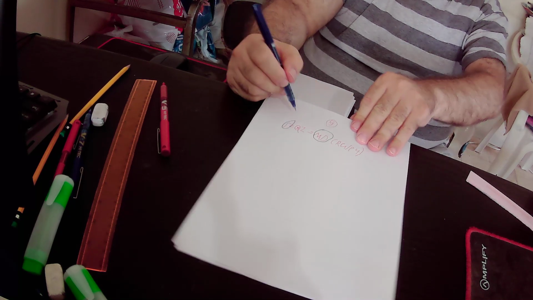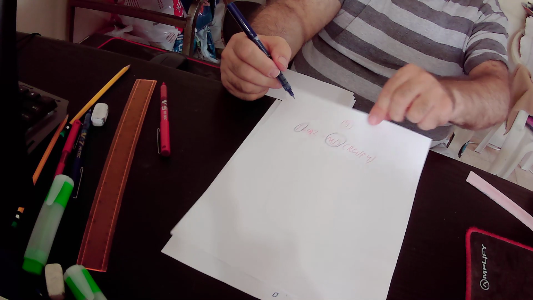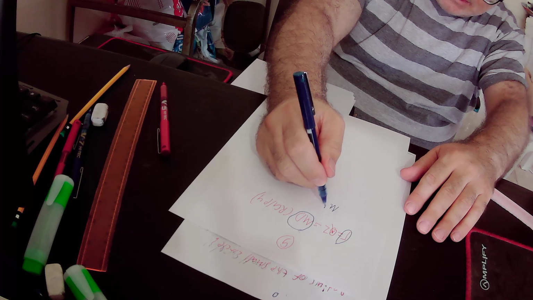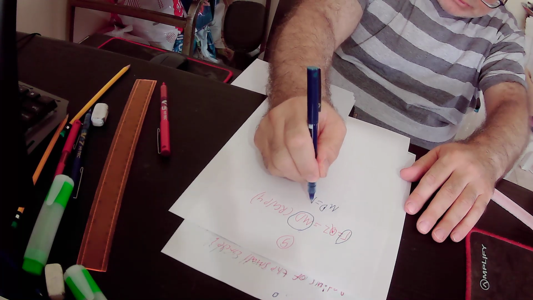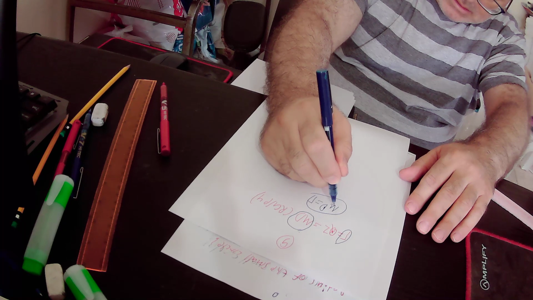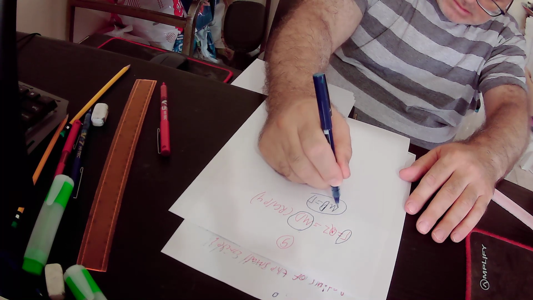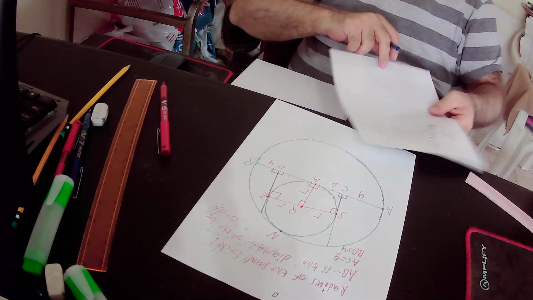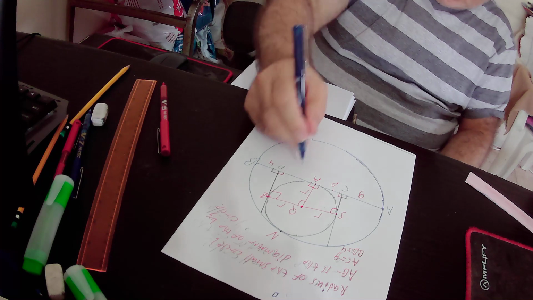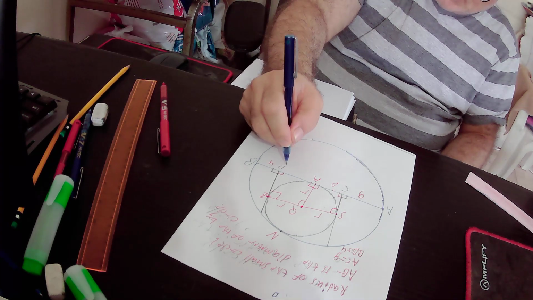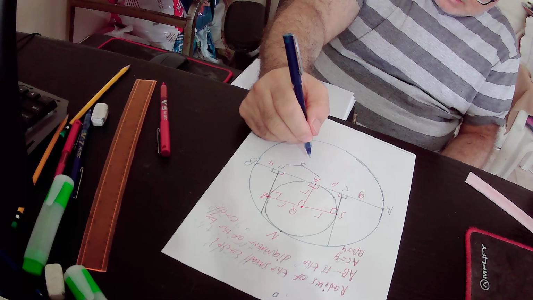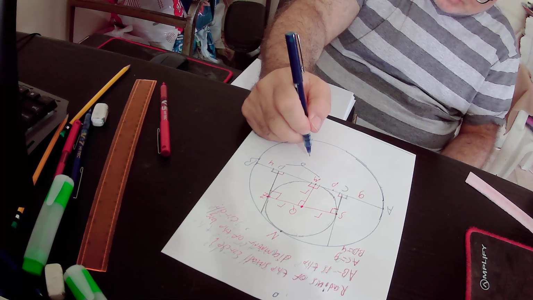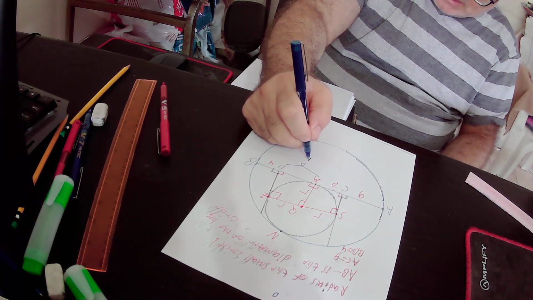Okay, MD equals small r. Actually this is side MD, and according to rule number 4, MD equals small r.